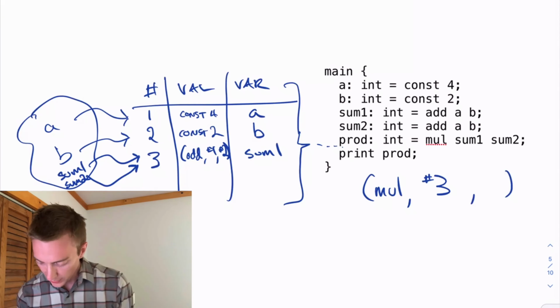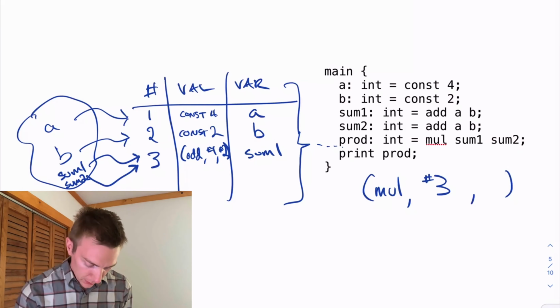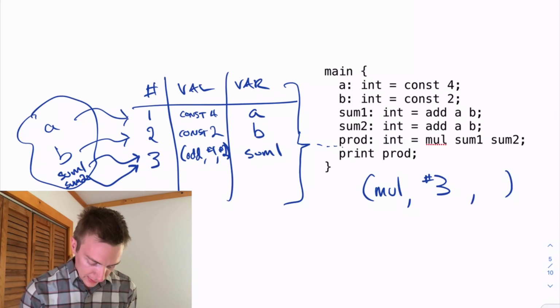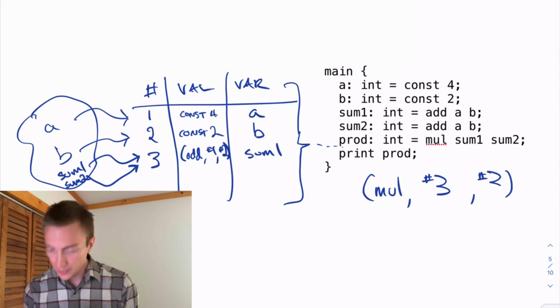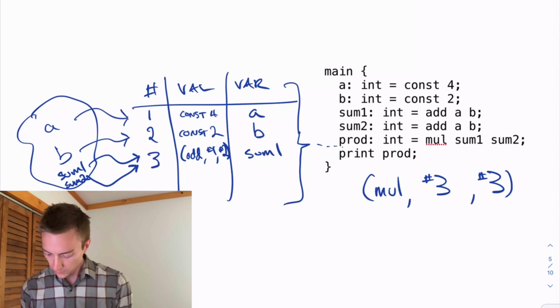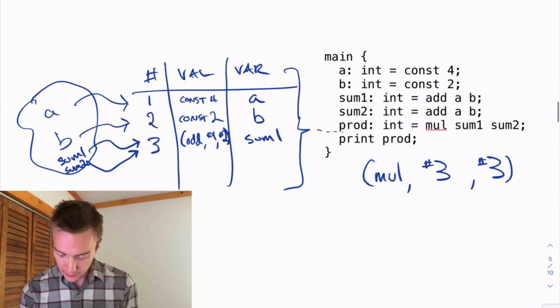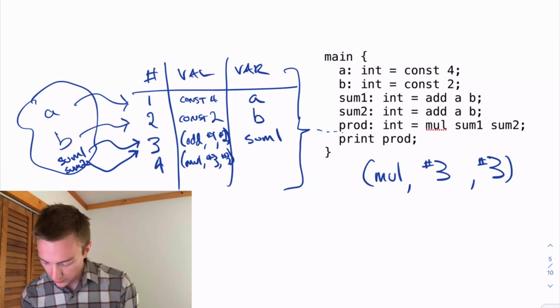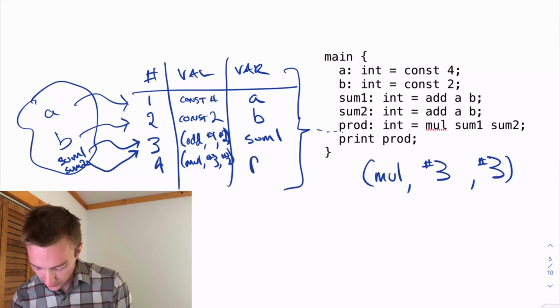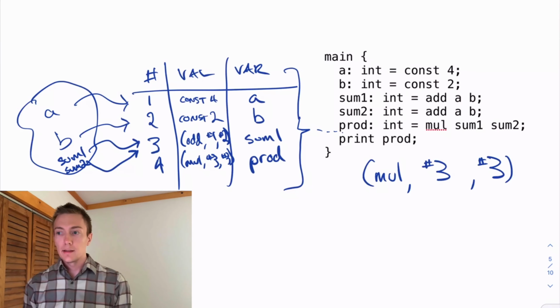And then it goes to the second argument. It sees that sum2 goes to the cloud, and that is associated also with number 3. So it reconstructs this as multiply of 3 and 3. So finally, it can put into the table a new thing that has never been computed before, this mul number 3, number 3. That gets value number 4, and that gets put into the prod.